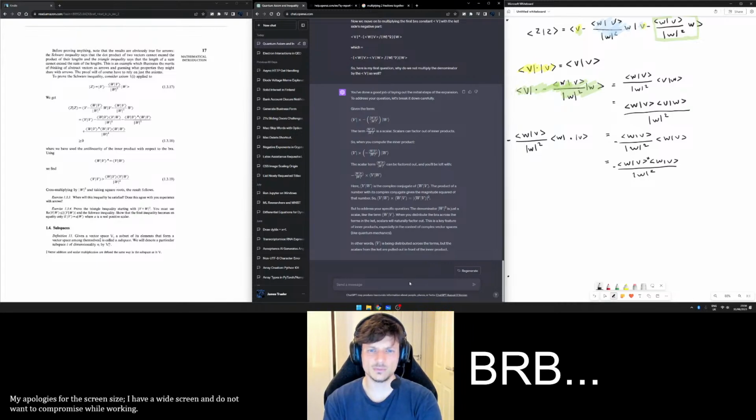The product of a number with its complex conjugate gives the magnitude squared of that number. So VW equals magnitude, but to address a specific question, the denominator is just a scalar, like the term WV. When you distribute the bra across the terms in the ket, scalars will naturally factor out. This is a key feature of inner products, especially in the context of complex vector spaces like quantum mechanics. In other words, V is being distributed across the terms, but the scalars from the ket are pulled out in front of the inner product.